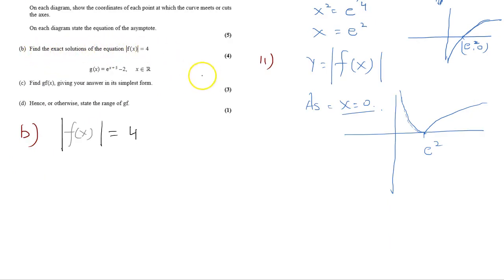Now part B, find the exact solution of equation mod fx is equal to 4. So we have two conditions, that fx is 2 ln x minus 4 is equal to 4 and 2 ln x minus 4 is equal to minus 4.